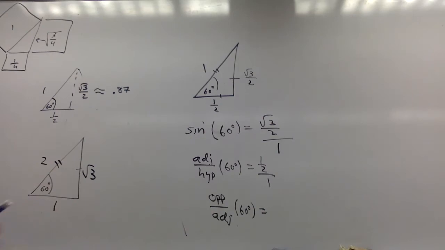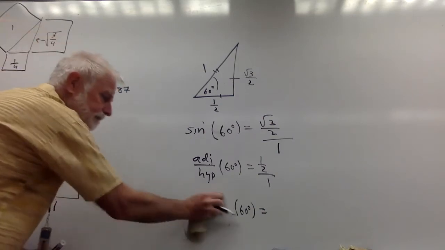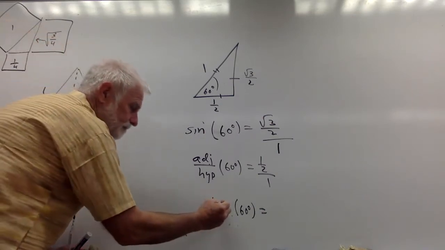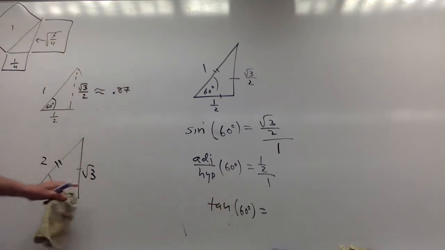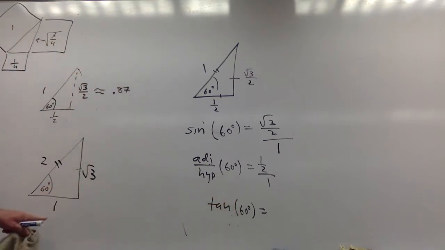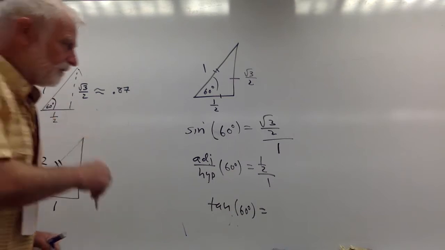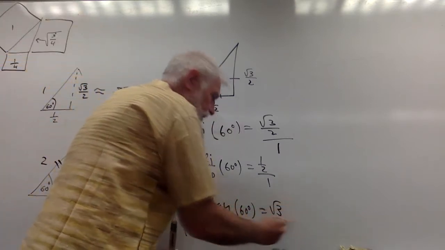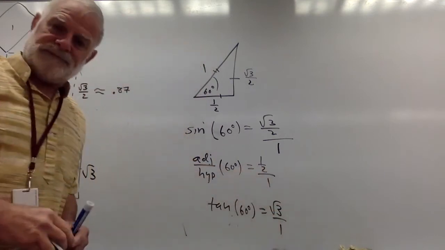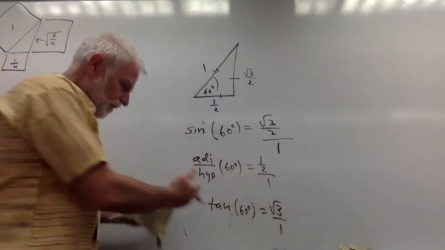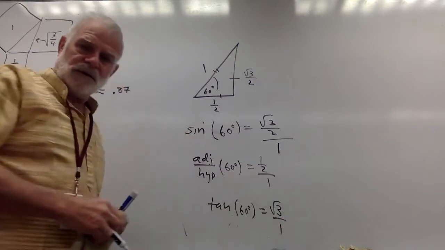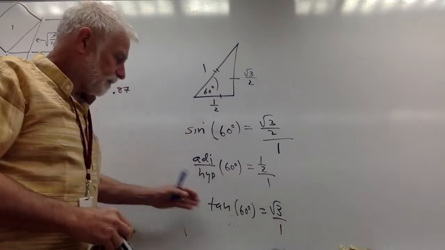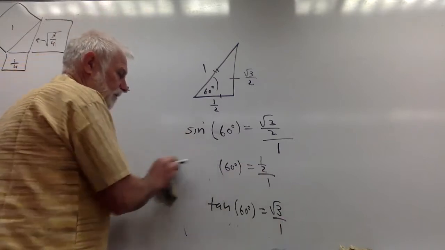But that's called the tangent. And that turns into √3/1, right? Because when you divide by 1/2, you multiply by the reciprocal. So √3/1. Eventually we're going to stop showing the division by 1, but you're learning the words that go with these 3 major functions.